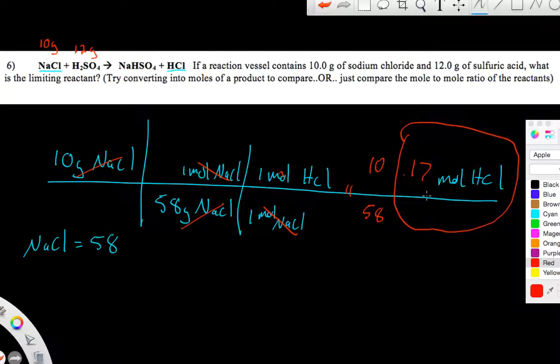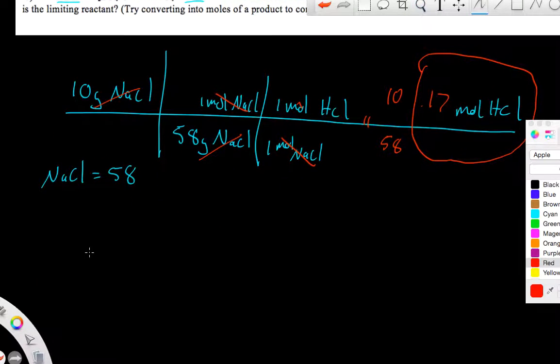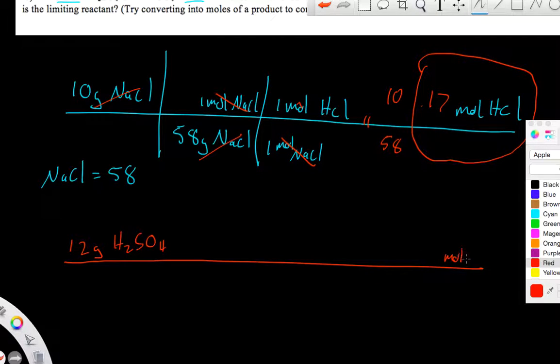So let's see how many moles of HCl I can produce with my 12 grams of H2SO4 now. So I scroll down a little bit and I say, okay, 12 grams H2SO4, and I want to get moles of HCl. And I've already calculated the molar mass of H2SO4 as well.